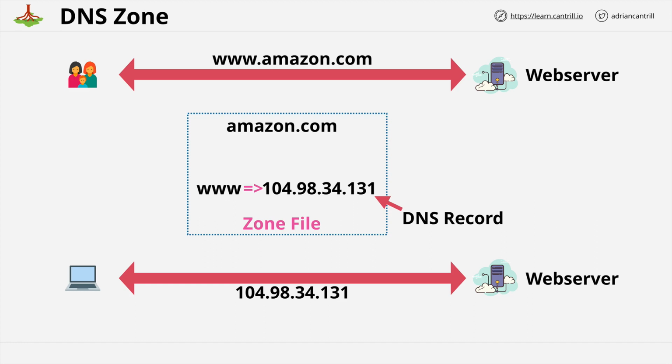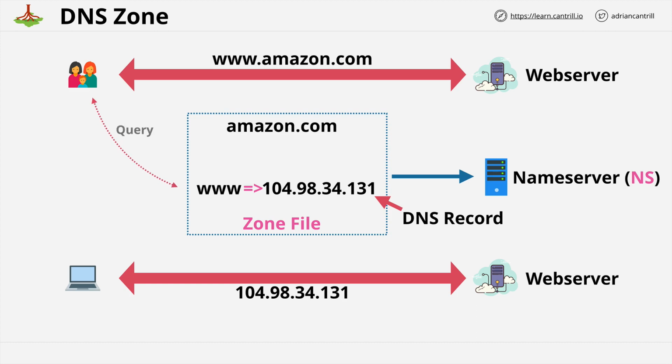This zone file is hosted by a DNS server that's known as a name server, or NS for short. So if you can query this zone for the record www.amazon.com and then use the result of that query, which is an IP address, your laptop can communicate with the web server. This zone file could be located anywhere on potentially one or two out of millions of DNS name servers.